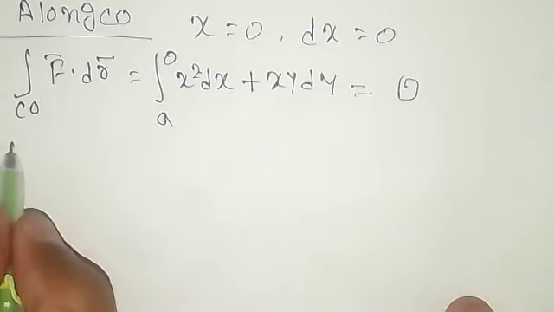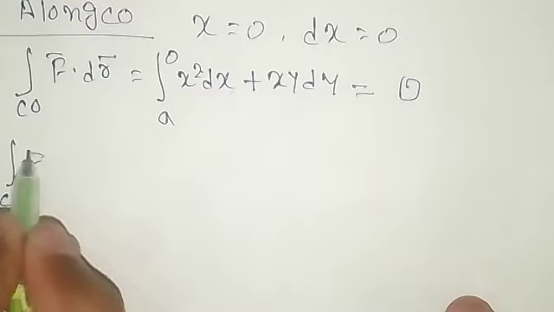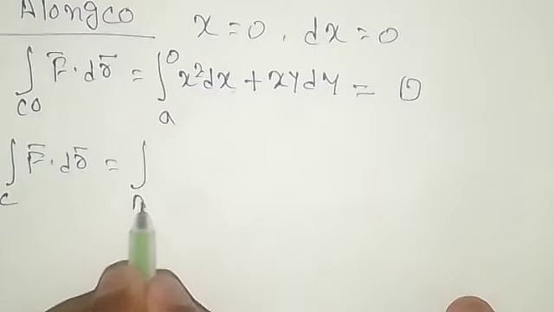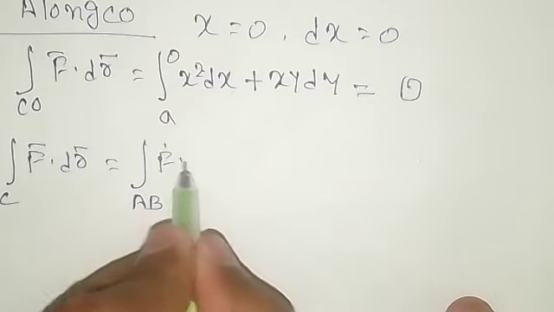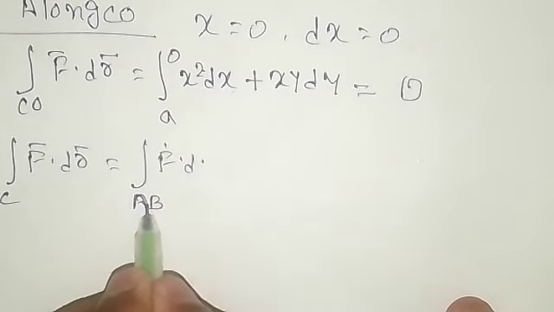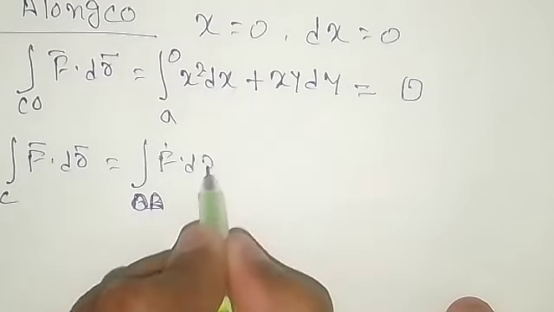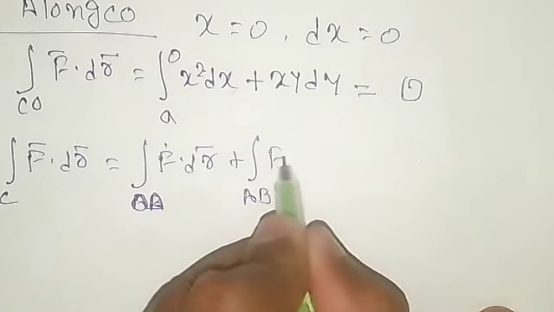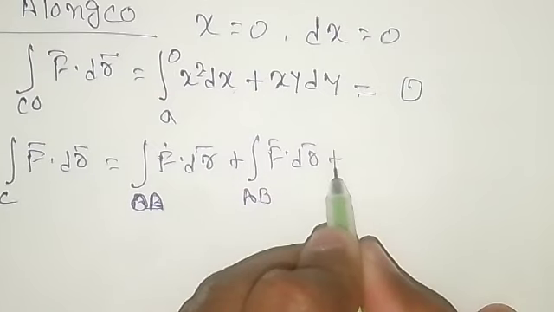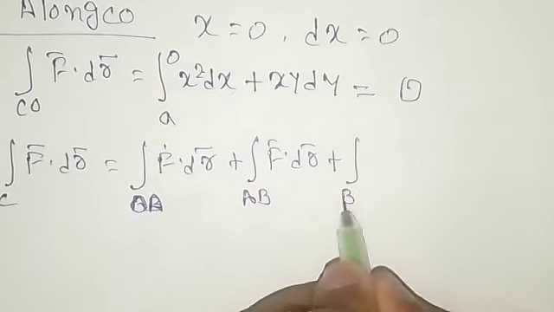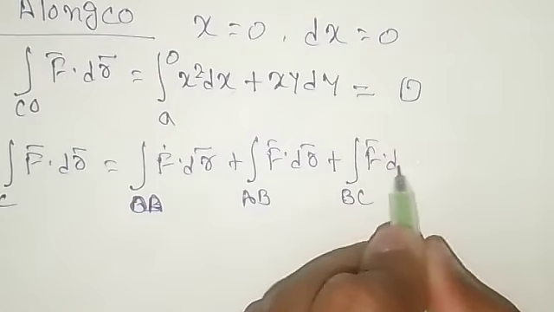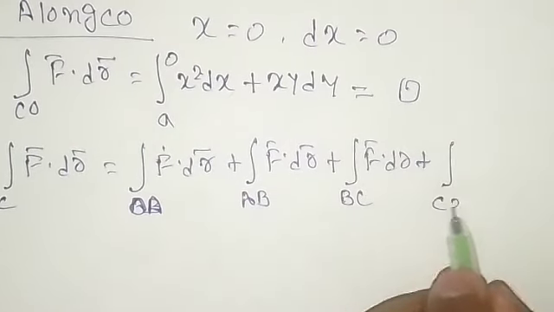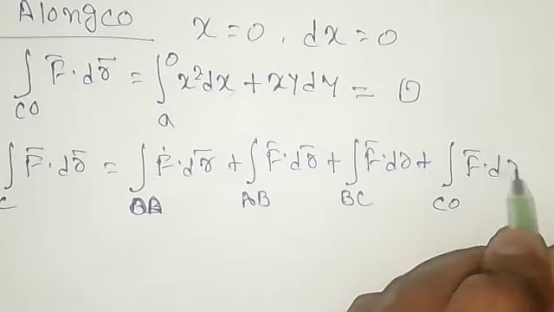So now you can write the cyclic integral of vector f dot dr is equal to what? That is, not AB, it is OA first, f dot dr plus AB vector f dot dr plus BC f dot dr plus CO f dot dr, right?